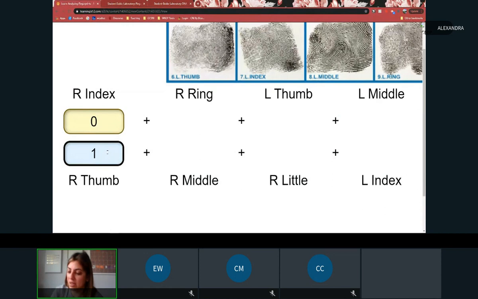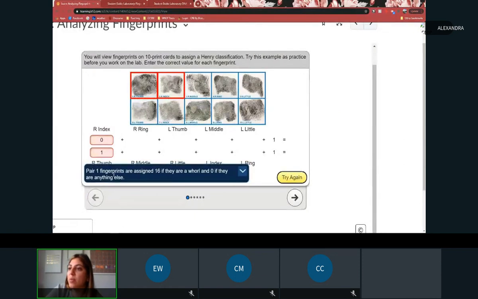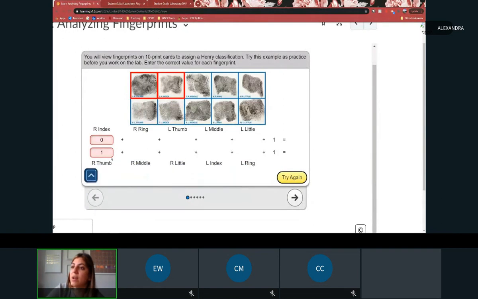Why isn't it letting me put the 6? That's frustrating. Pair 1 fingerprints are assigned 16 if they are a whirl and 0 if they are anything else. I know, that's why I was putting a 6 in there.